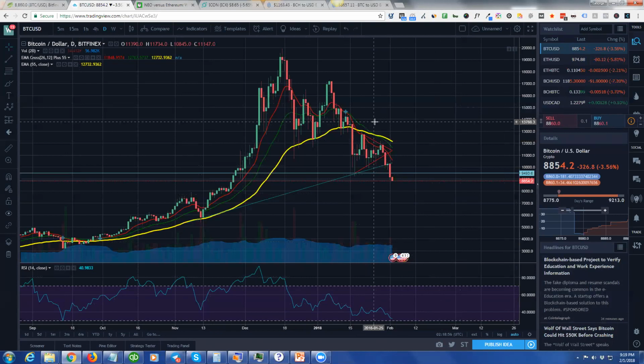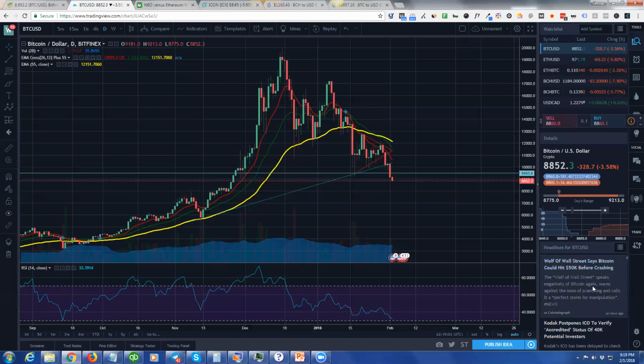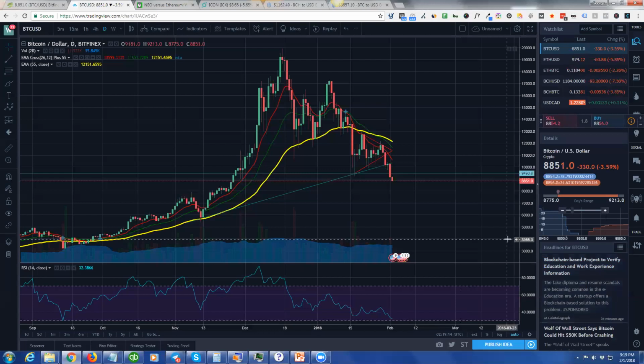What happened today with India helped it go down. So it's always good to know what's going on in the world of cryptocurrency. Looking for news coming out, whether it's fake news or not, it does have an impact on the markets. So you have your news.